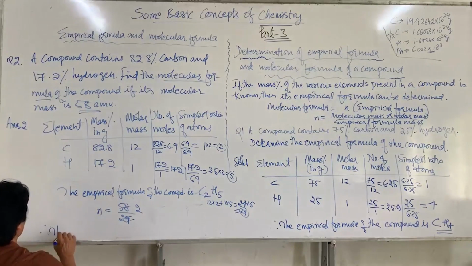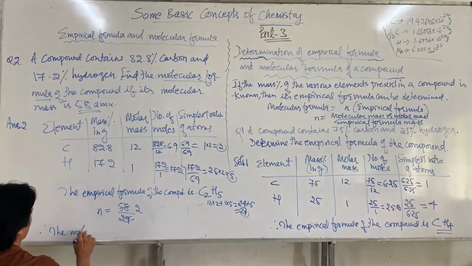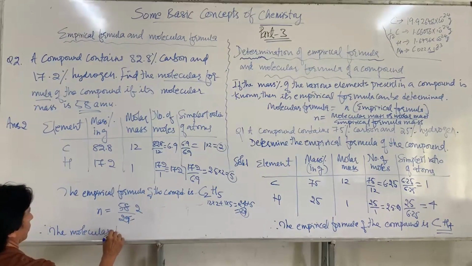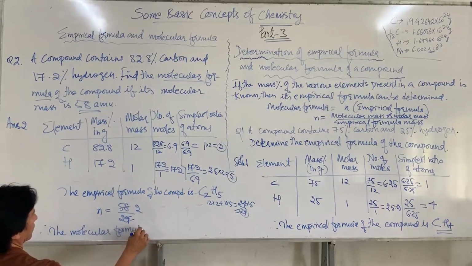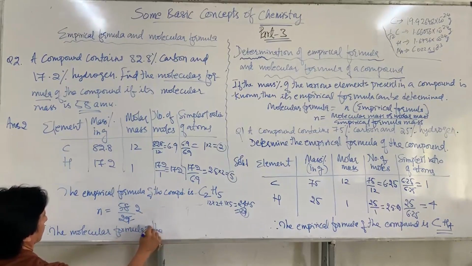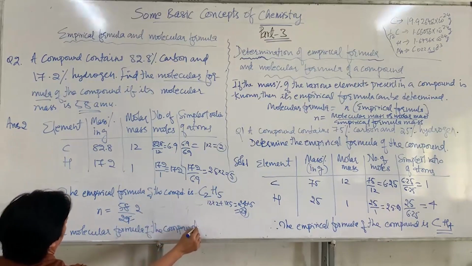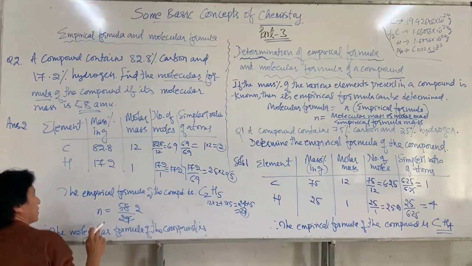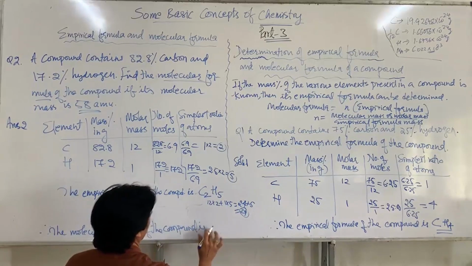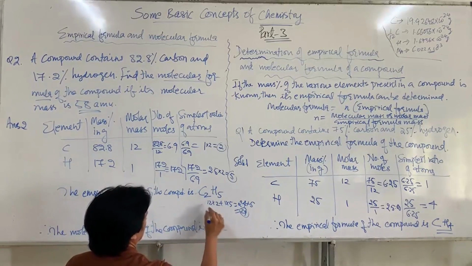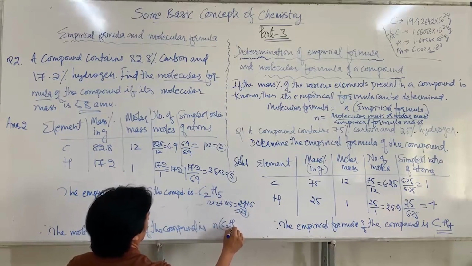Therefore, the molecular formula of the compound is N times C2H5.